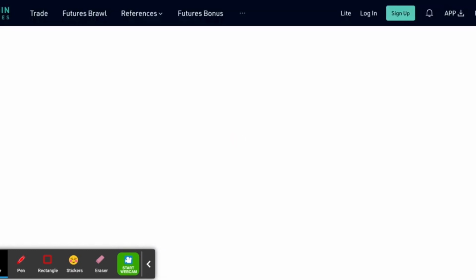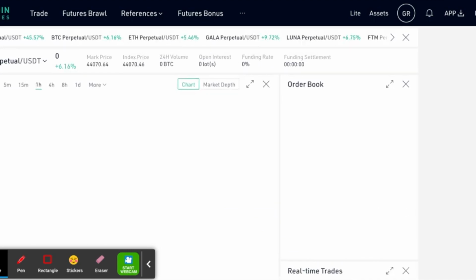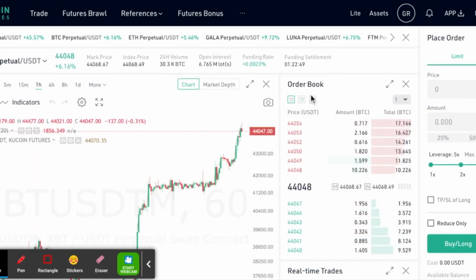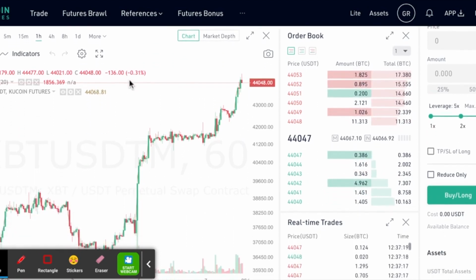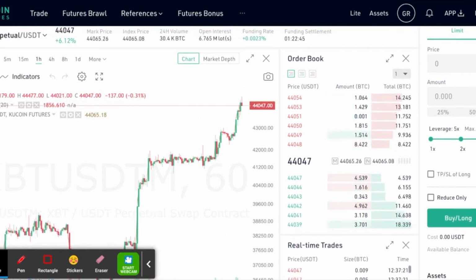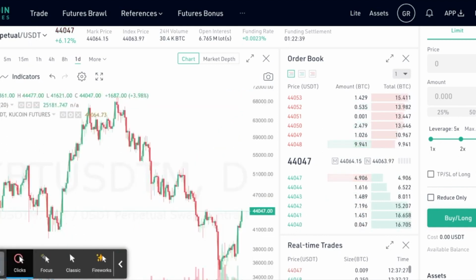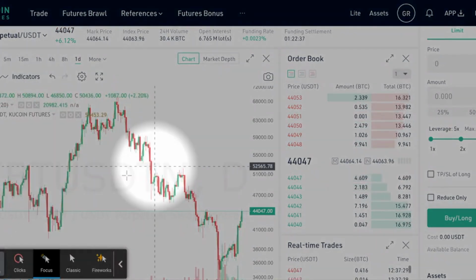I like the classic one. The light one is like a watered down version. With this, I'm going to change mine to the 1 day, so you guys can see where I'm at.